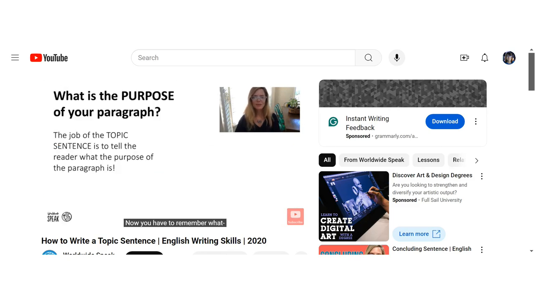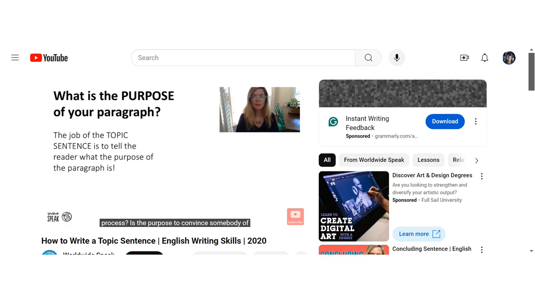Now you have to remember, be thinking, what is the purpose of my paragraph? And then the job of the topic sentence is to tell the reader what the purpose of the paragraph is. Is the purpose to describe? Is the purpose to compare? Is the purpose to show steps in a process?